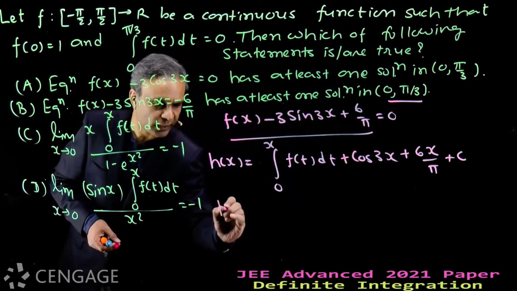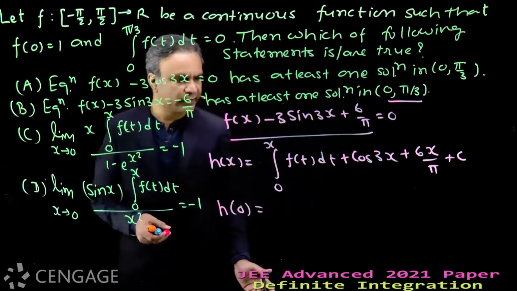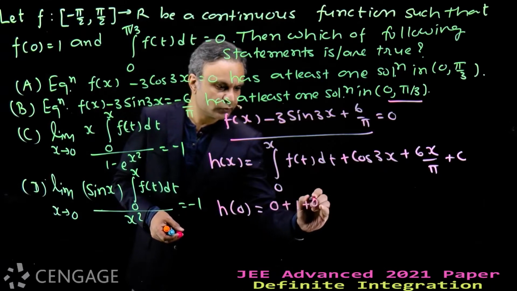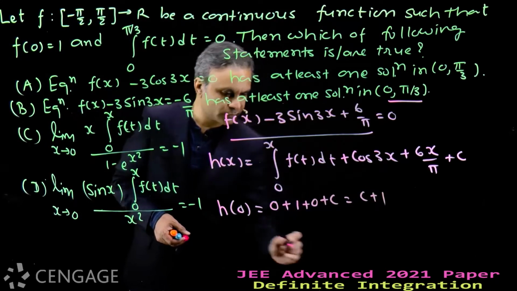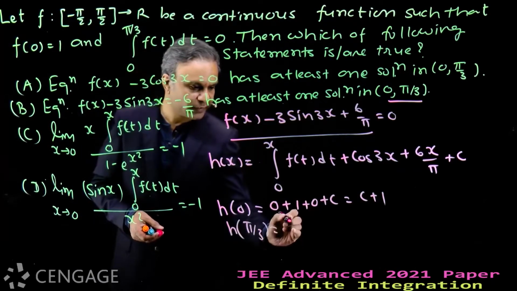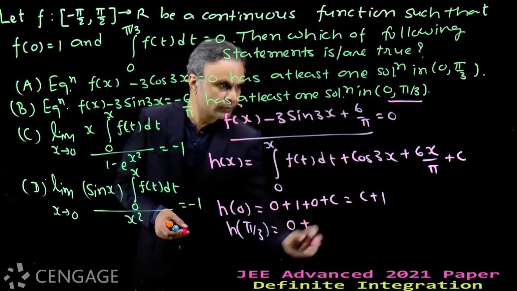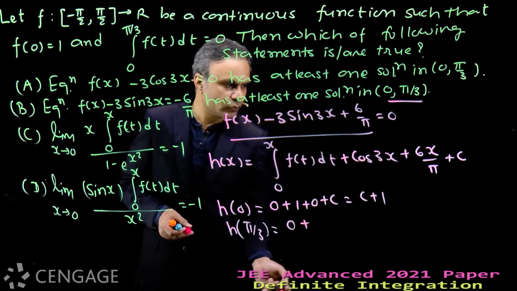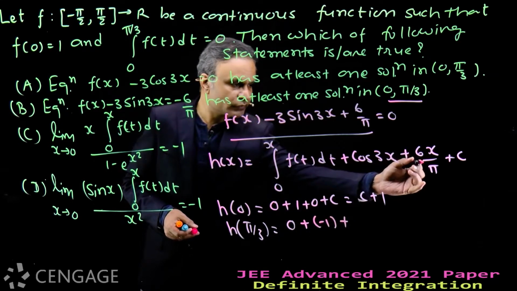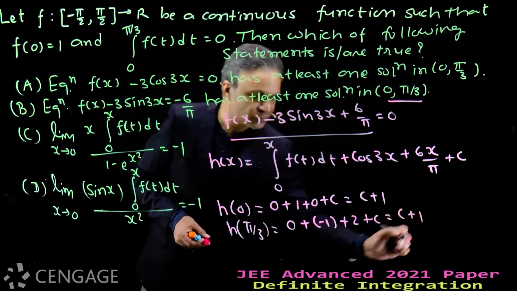Now we check the value of h(x) at 0 and pi by 3. H of 0 will be 0 plus 1, since cos 0 is 1, plus 0 plus c, which is equal to c plus 1. And h of pi by 3: replace x with pi by 3, we find 0 because the value of this definite integral is 0. So we have 0 plus cos pi, which is minus 1, plus 6 over pi into pi by 3, which is 2, plus constant c, this is also c plus 1.